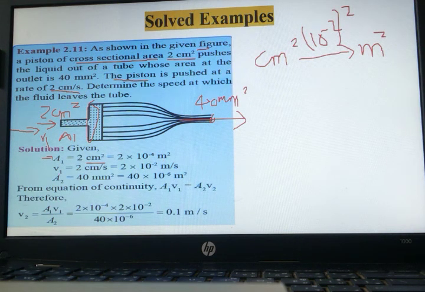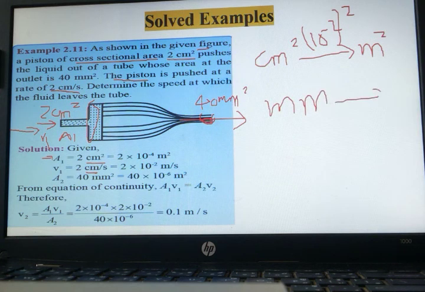Similarly, the velocity they have given: this piston is moved with the speed of 2 cm per second. Again centimeter is there. Per second is not a problem, but centimeter we have to convert, so we multiply by 10 raised to minus 2. Over here, the area of this outlet has been given as 40 mm².